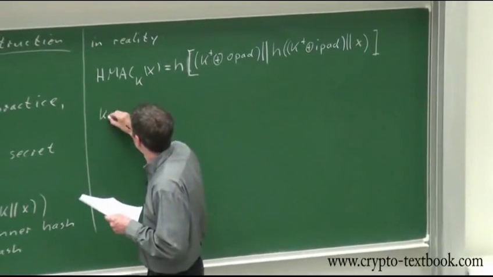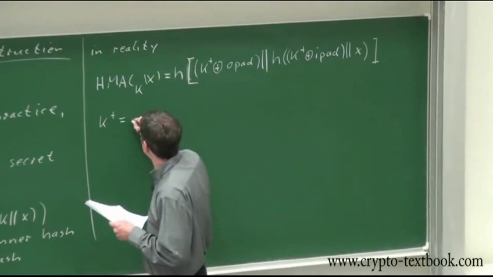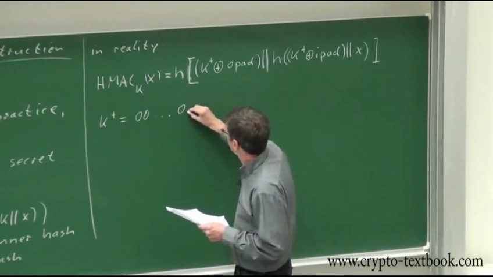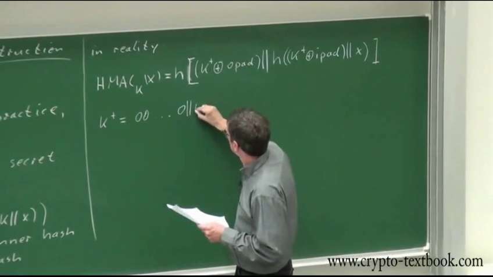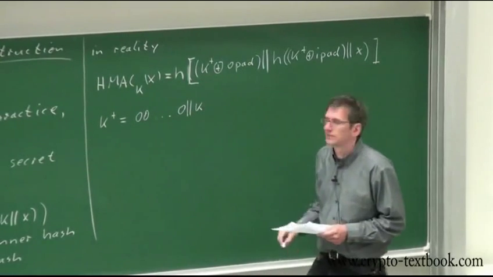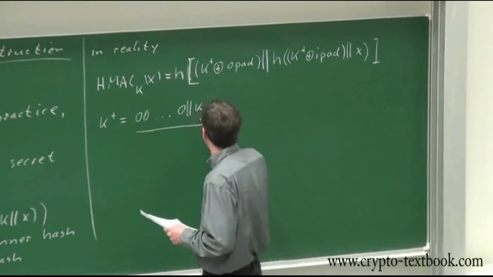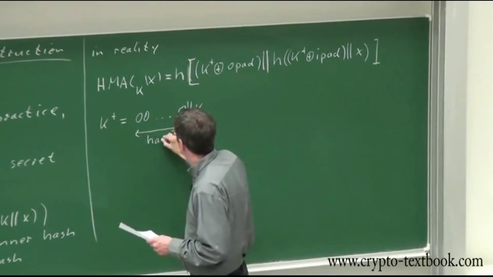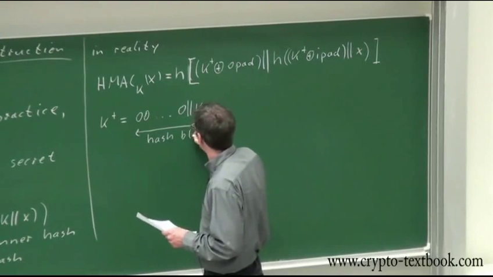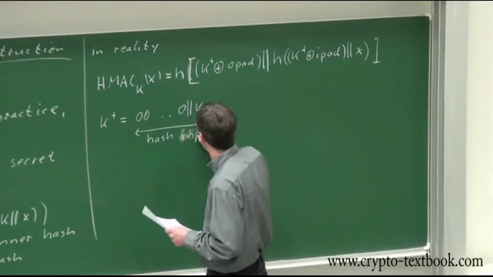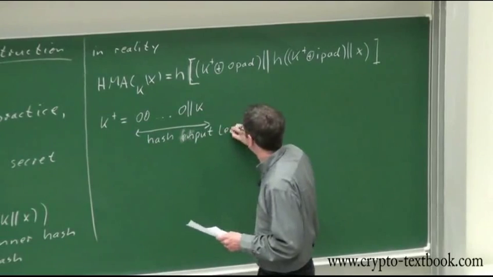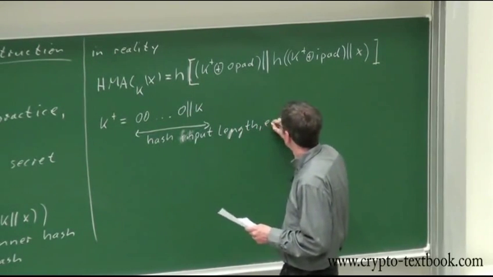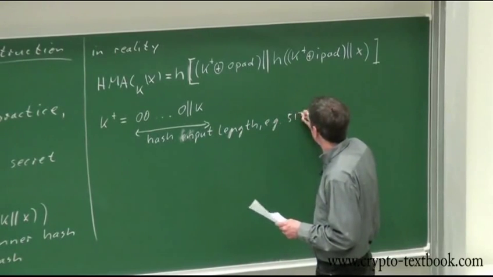So what K plus does is you do 0, 0 up to 0, and then you put the actual key in. So this is now the hash block, hash input length, e.g. 512 bits.